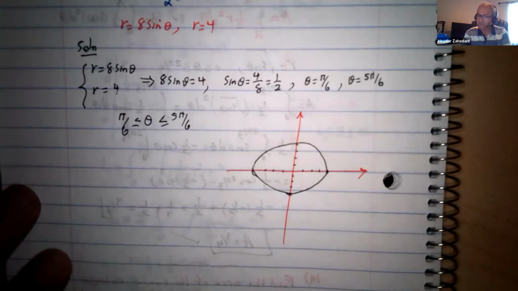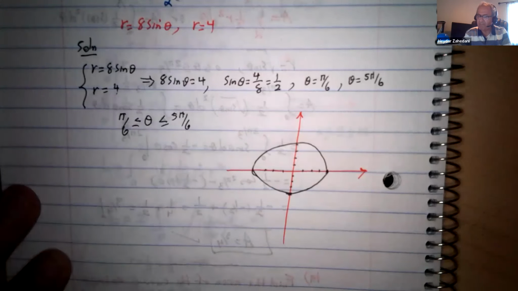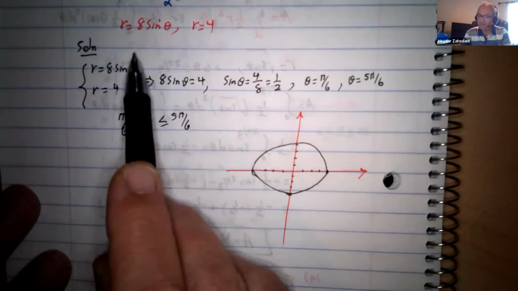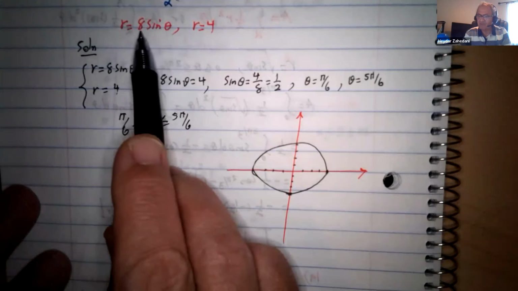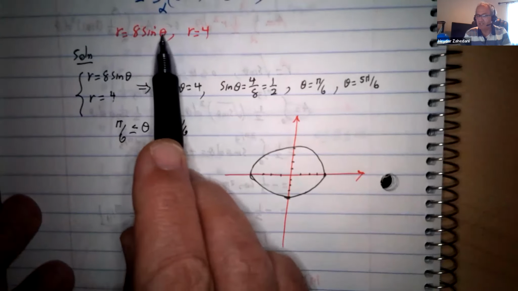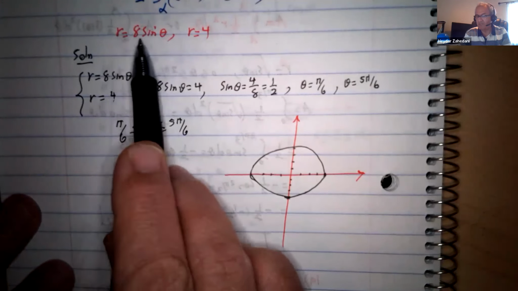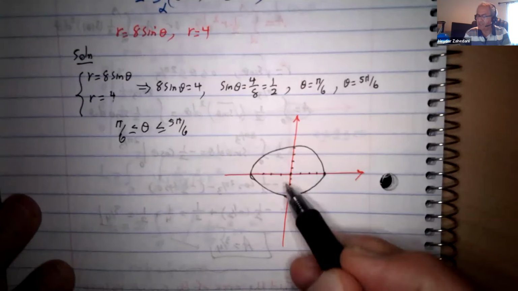Because this is 8, you need just a couple of terms to get this done. When theta is 0, r would be 0. So that would be 0 here.